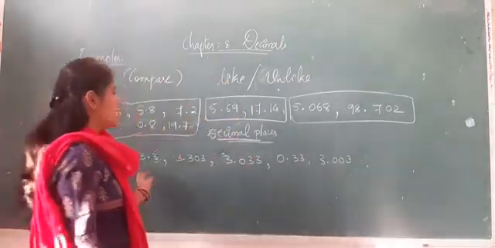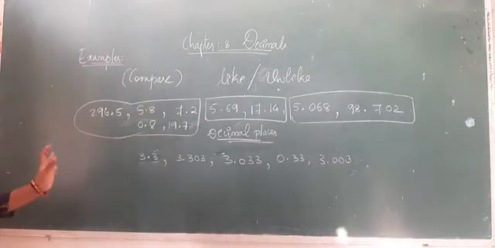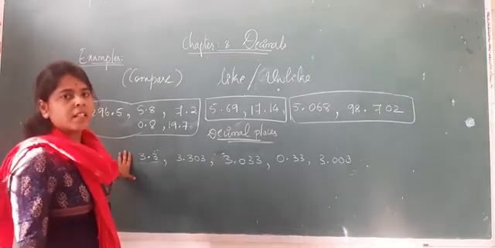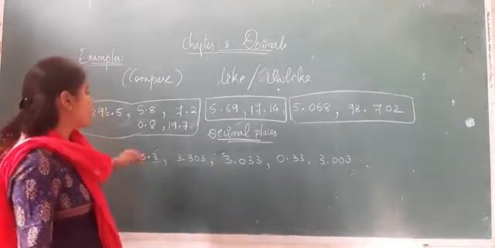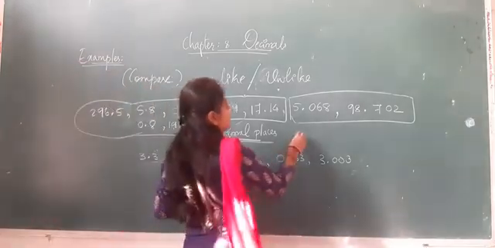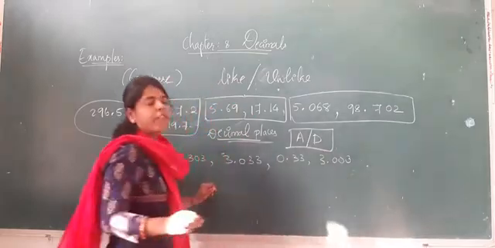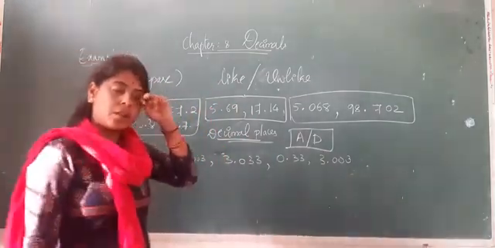You can see it is similar here. Why is it similar? Because here you have to compare the numbers. How? These decimals you have to compare and arrange in ascending and descending order, meaning comparing and finding greater to smaller or smaller to greater.